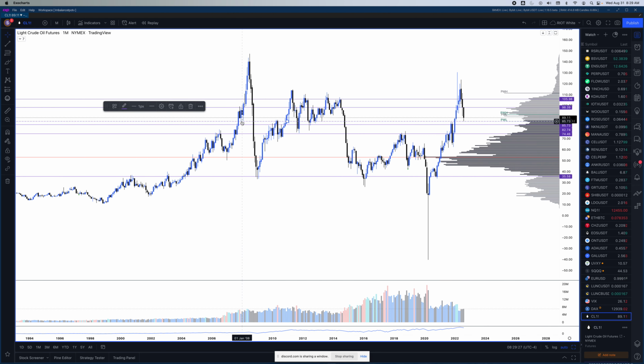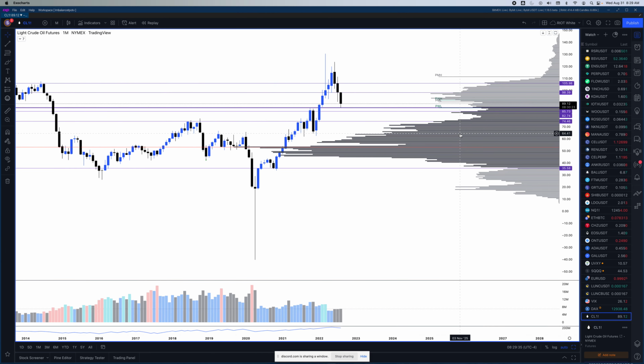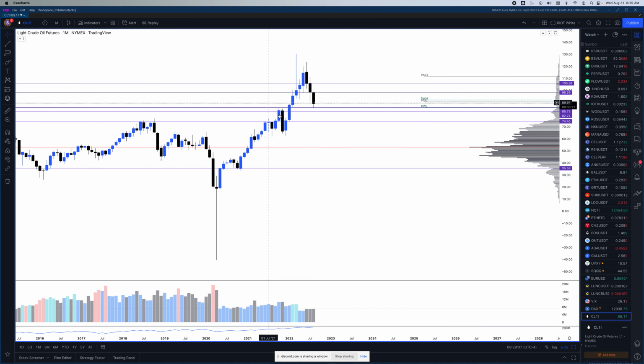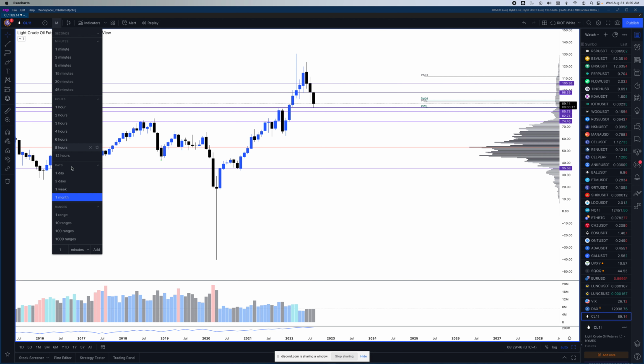I make it a little more obvious, because essentially what you're seeing is you have your higher high, pull back, up. Anything below this breaks that monthly market structure.